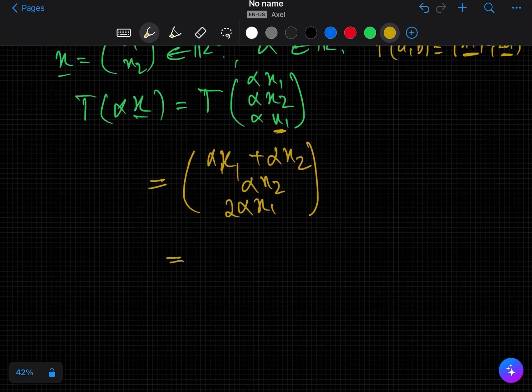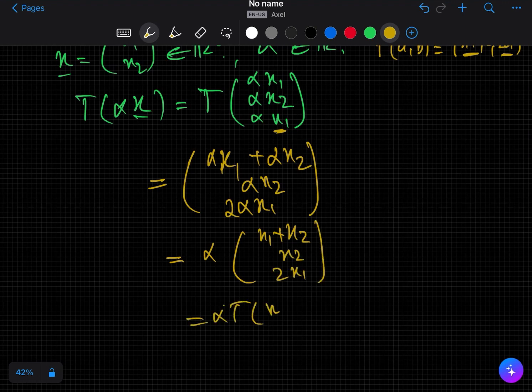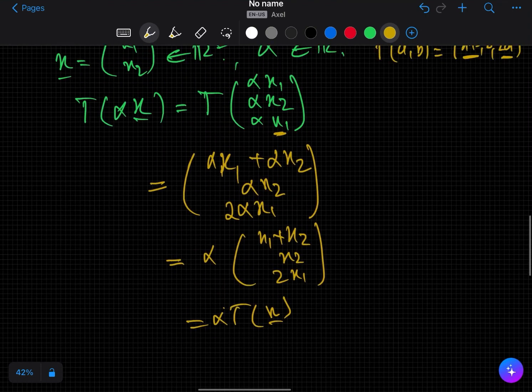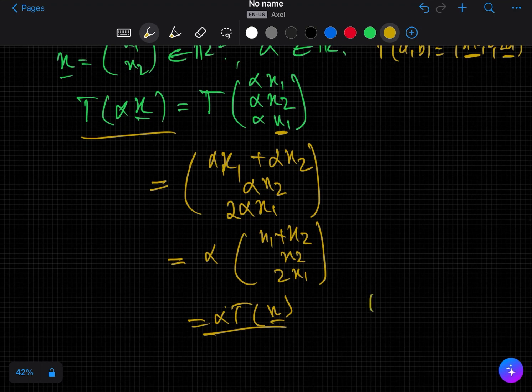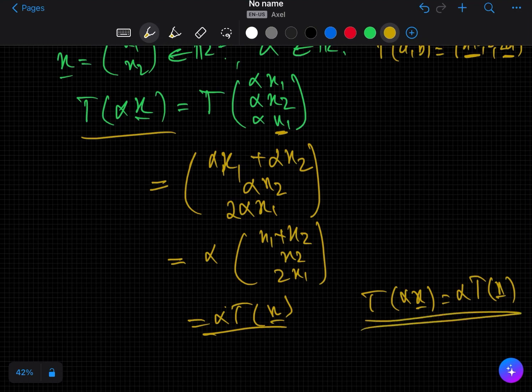So this equals alpha times (x1 plus x2, x2, x1), which equals alpha T(x). Since this is equal to this, we have that T(alpha x) is equal to alpha T(x). Therefore, we say T is closed under scalar multiplication.